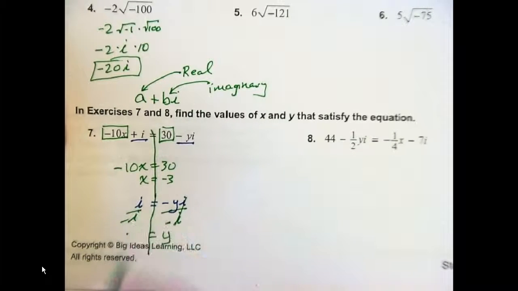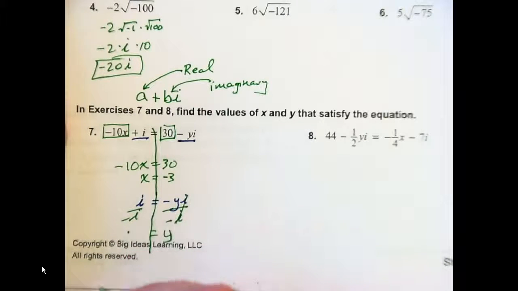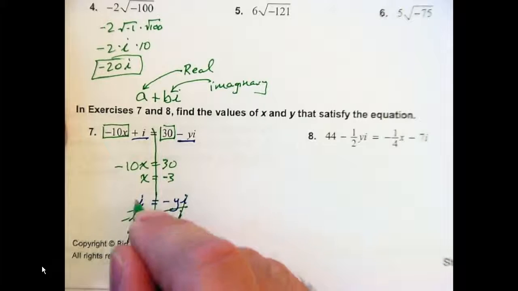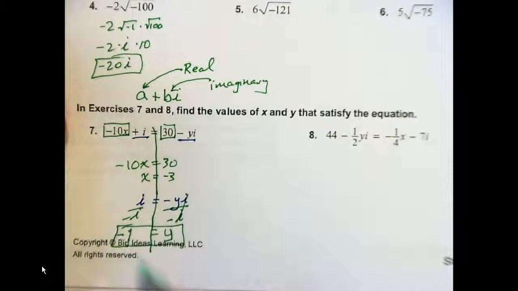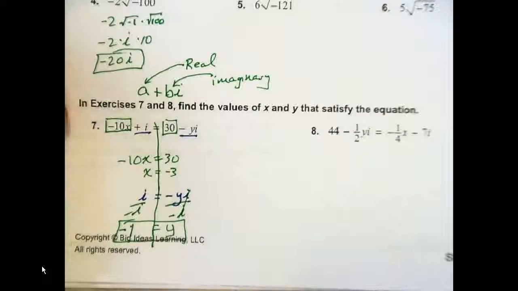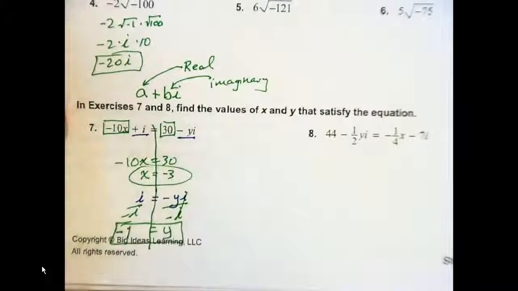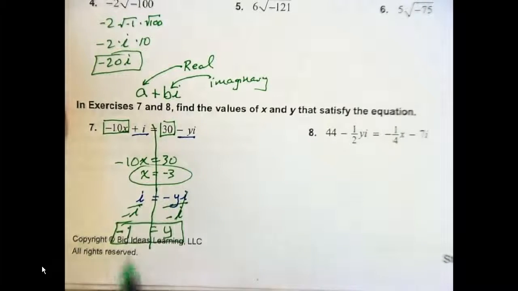Come on, what's i divided by i? 1. And positive divided by negative? It's the same math, right? So you're just doing two different parts. You can do it. Yes? y is equal to negative 1. Yes. Negative 1.